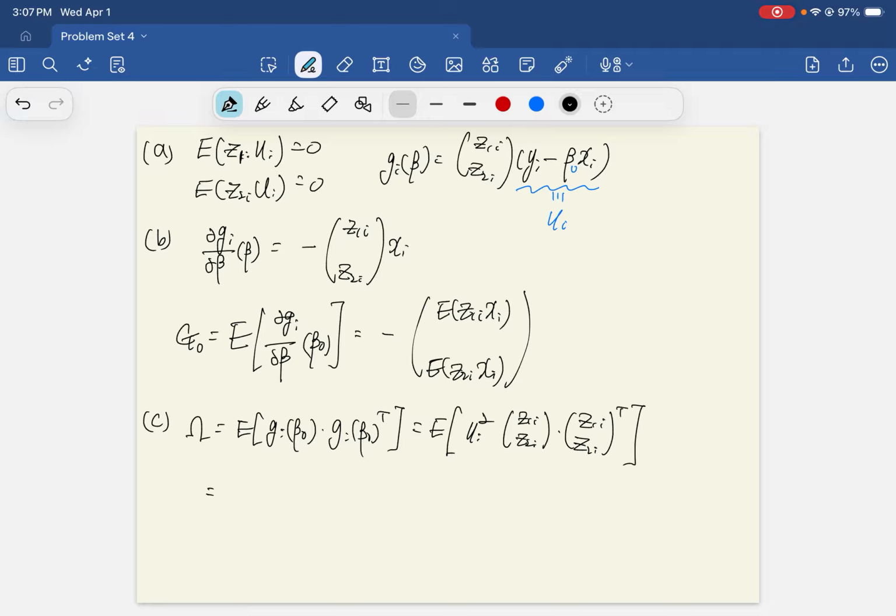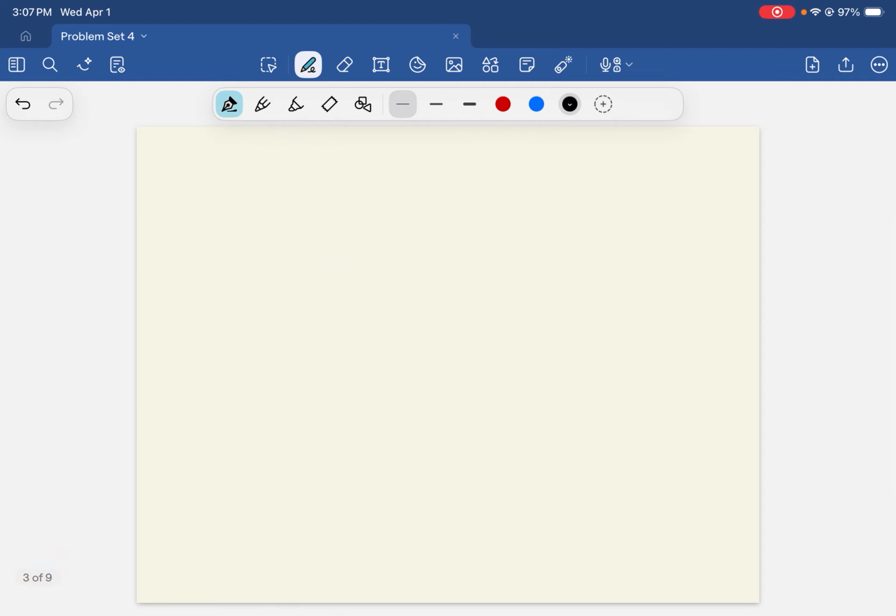Using the homoscedasticity assumption, we are going to use sigma squared, and then it is a 2 by 2 matrix: expectation z1i squared, expectation z1i z2i, expectation z1i z2i, expectation z2i squared. Okay, that is omega.